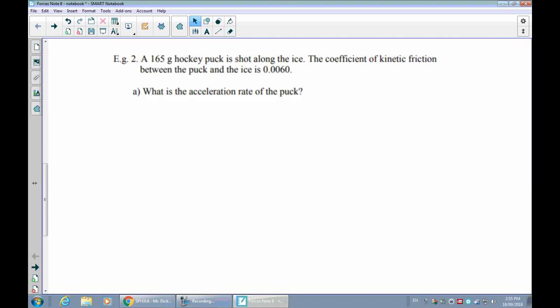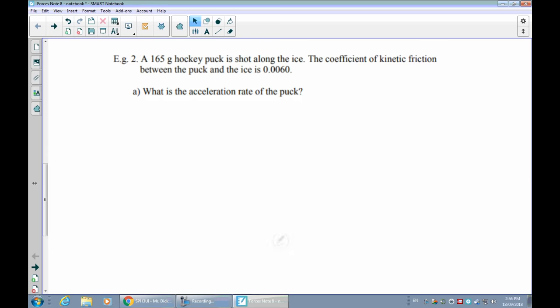So this approach is going to be very similar to what we've done so far. We're going to map out all of the forces involved through a free body diagram, use those forces in our net force equation to come up with a net force if we can, and then try and use that net force through Newton's second law to find acceleration. But first things first.